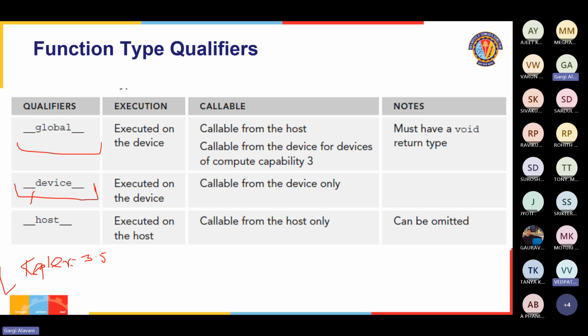Then Volta, which was 7. Then Turing. Then Ada Lovelace. There was Ampere also in between. Then the current new one is the Blackwell architecture. So these are the GPU architectures which are named after renowned scientists. This is what NVIDIA follows.